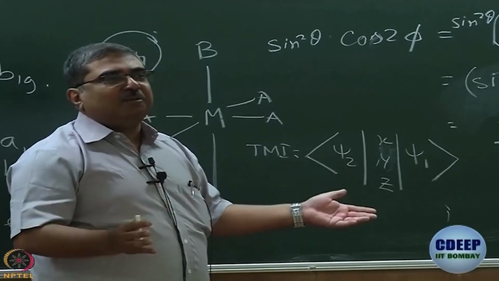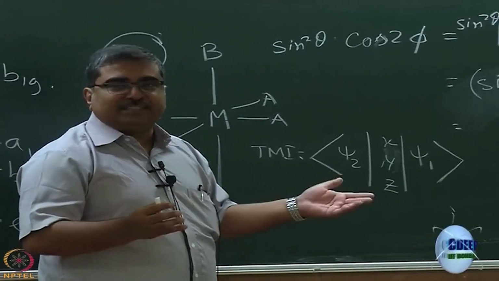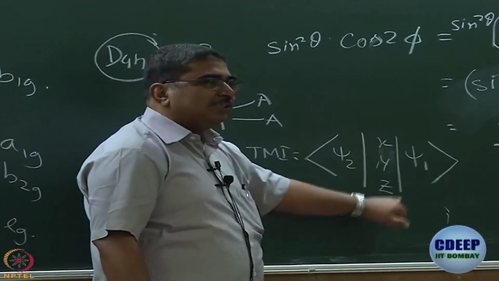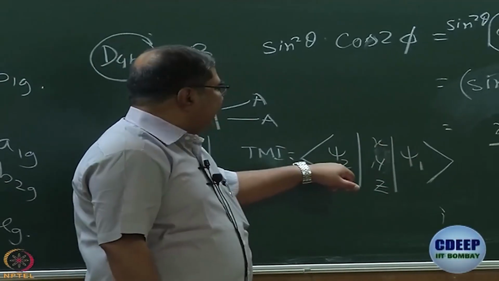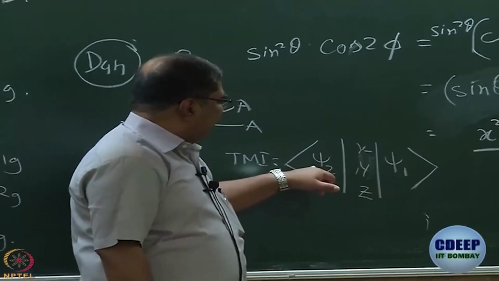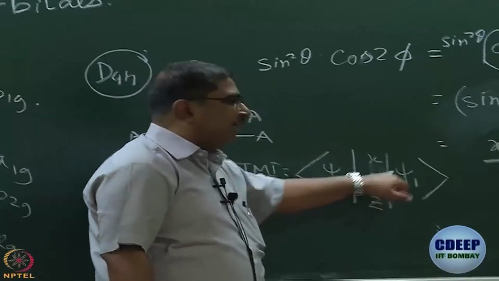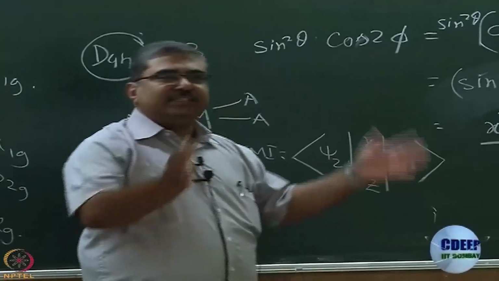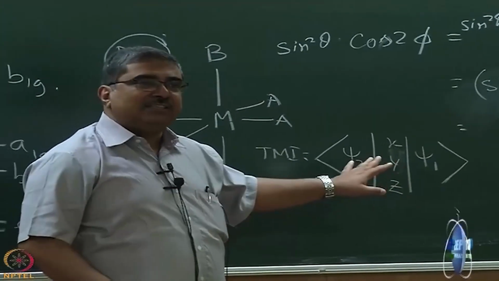In any case, the wave functions are the same, so I have just written x, y, z. So, what I mean is that there is a short form of writing integral psi 2 star x psi 1, integral psi 2 star y psi 1, integral psi 2 star z psi 1. 3 integrals just written together. Are we clear with this notation?